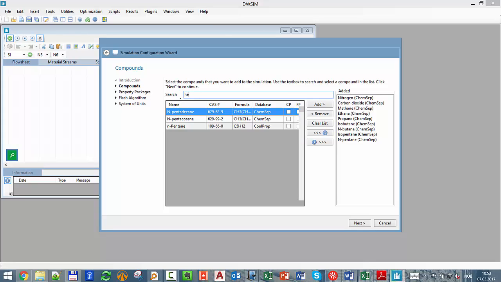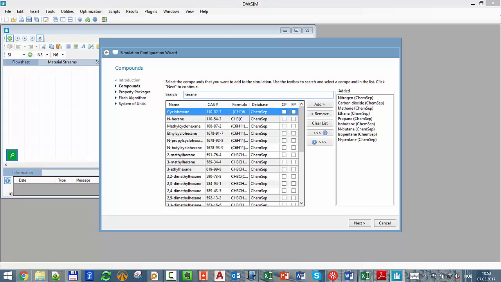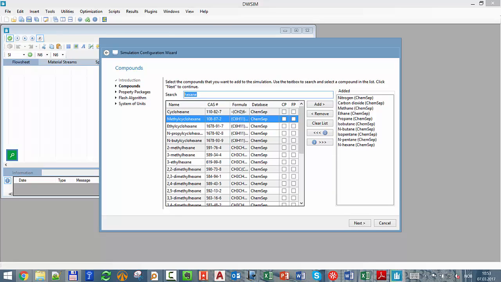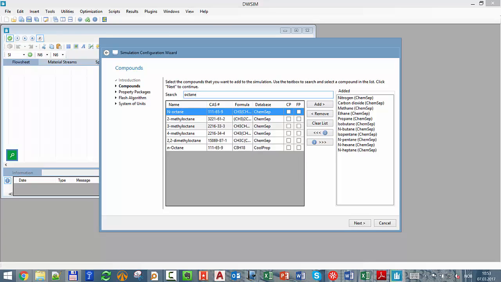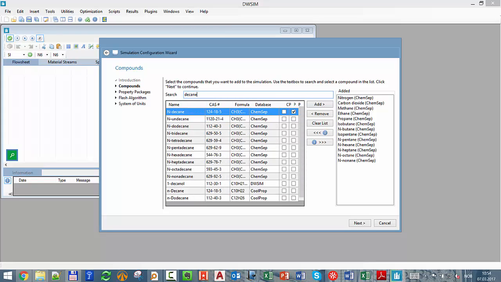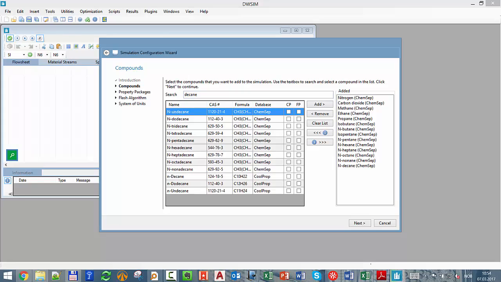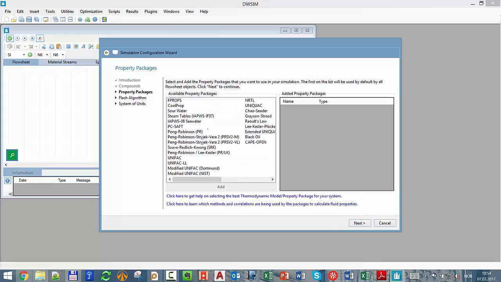Then we have hexane, then heptane, octane, nonane, and decane. Okay, I added all my components.